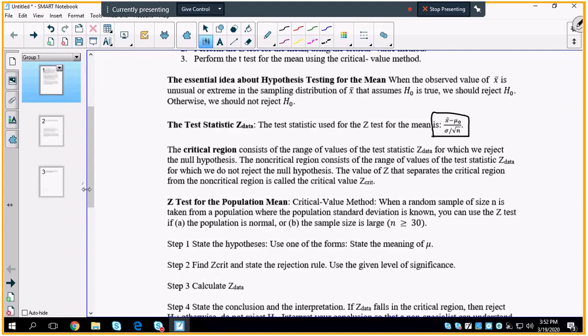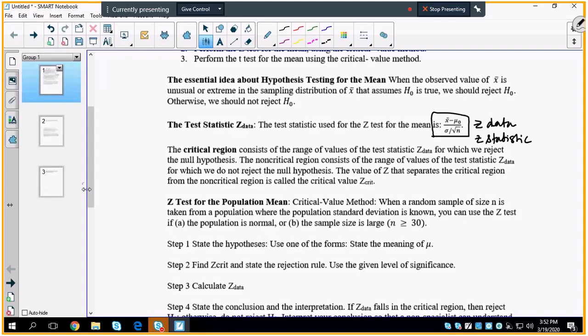So that is called the Z data, which I will need for any testing, or Z statistics is also another name for this information. And I will then go ahead and find the critical region. Depending on whether you are doing left-sided, right-sided or both-sided test, your critical region is going to be different.